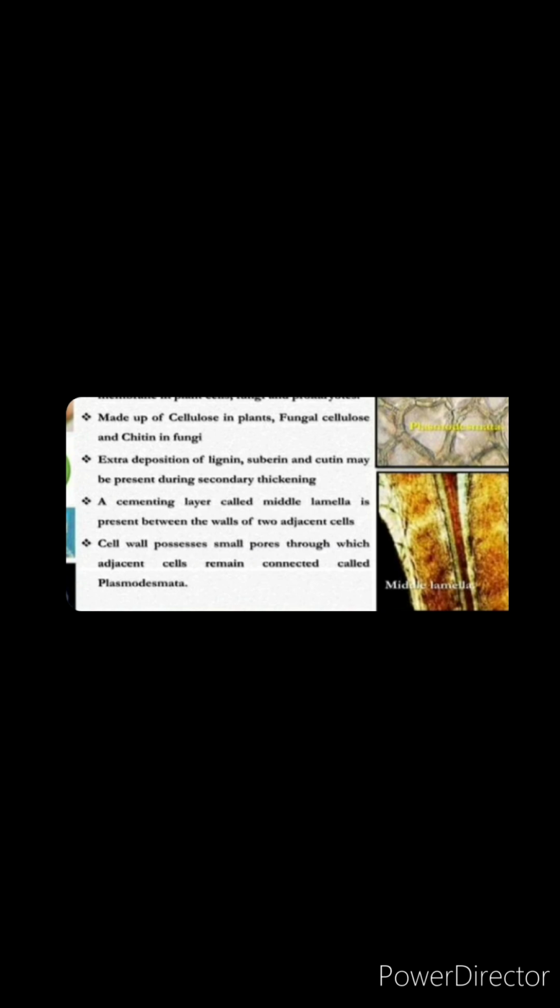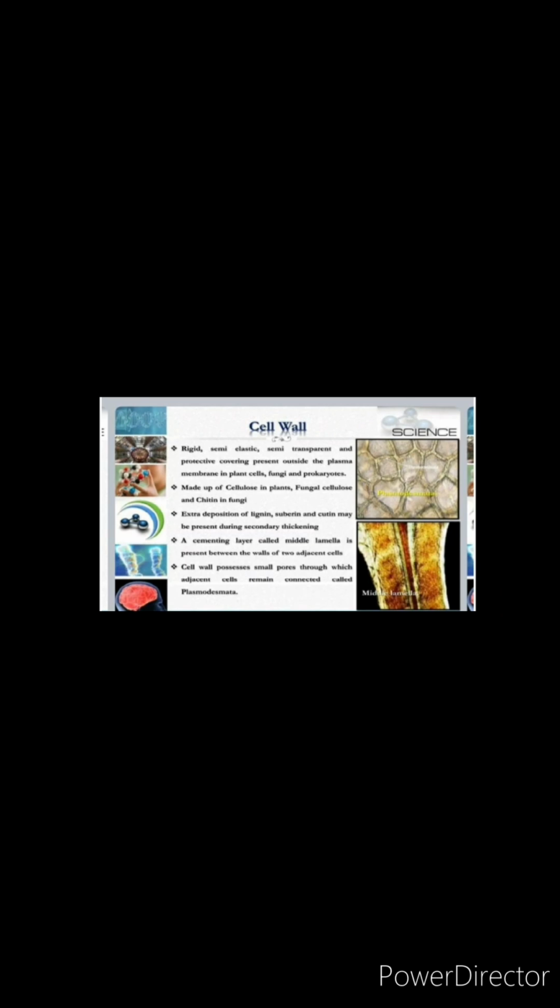It is a very important term, plasmodesmata. Always remember, the cell wall possesses small pores through which adjacent cells remain connected. Like in our home, your brother and you are connected due to your mother's maternity. So your mother's maternity becomes the plasmodesmata and you become two adjacent cells. That is the function of plasmodesmata, through which two cells are connected.